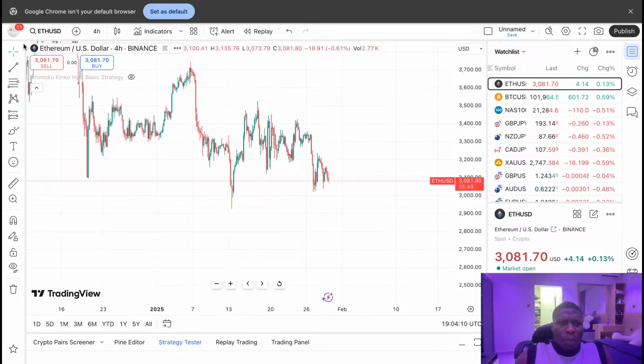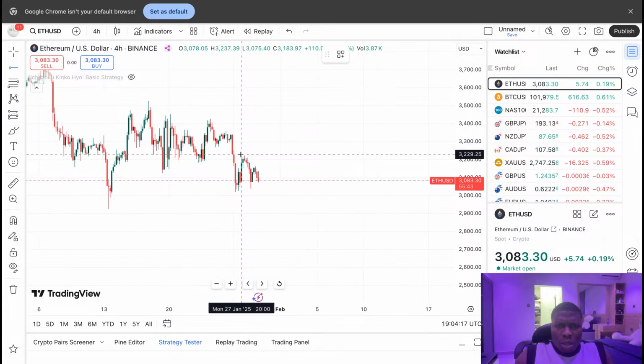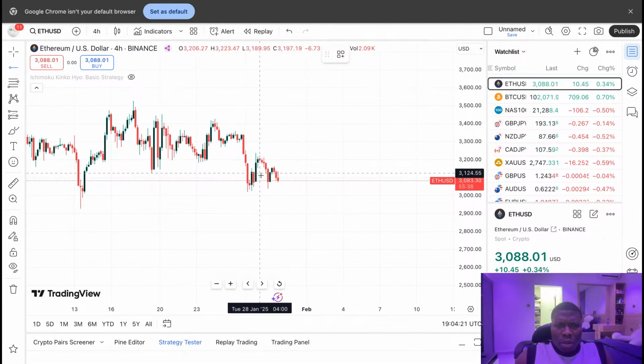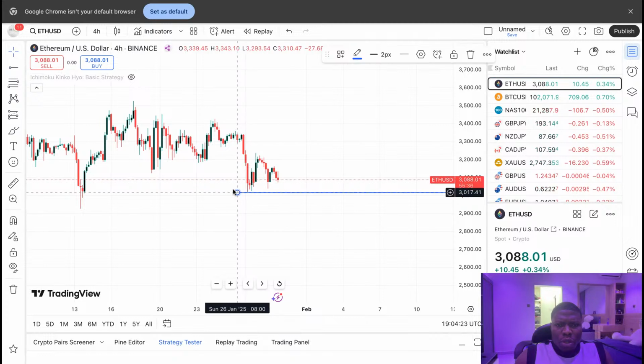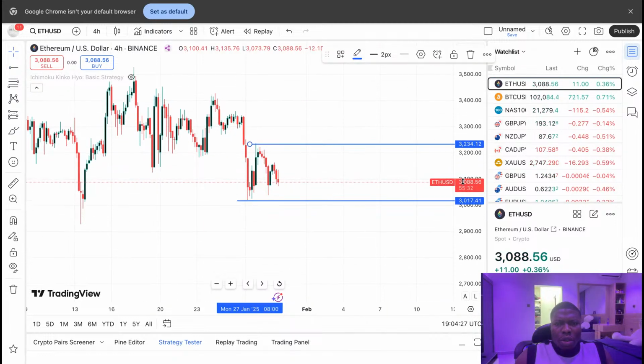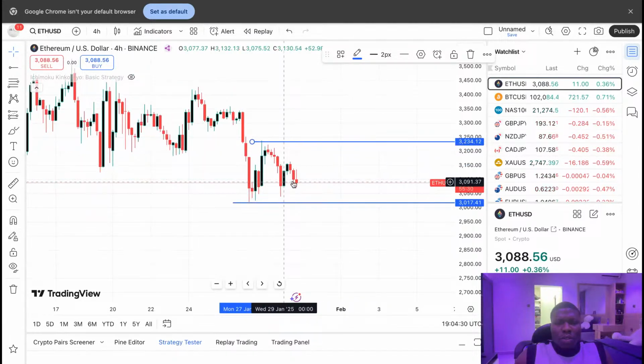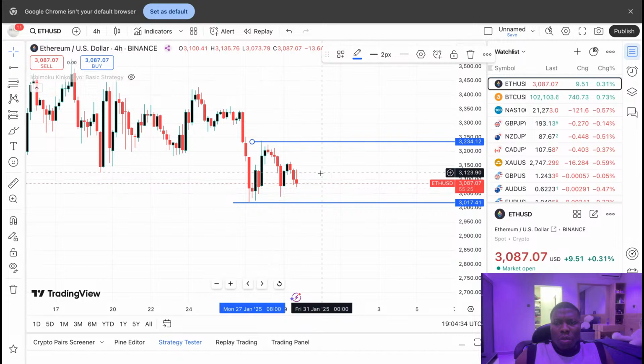We'll have a range within this zone. This is Ethereum within this zone. I just feel this is the way the market will go for Ethereum within this zone.